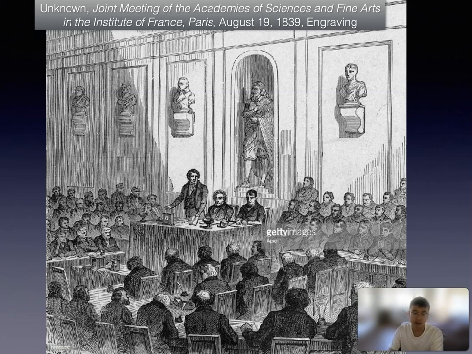Daguerre brought this invention, this exciting news, to the government, to the Academy, and the Academy announced this new daguerreotype, announced Daguerre as the inventor of photography, or this kind of invention that will change the world in the next 200 years.